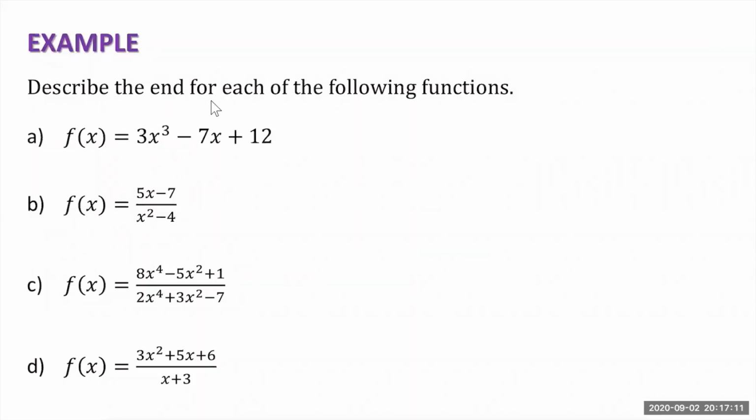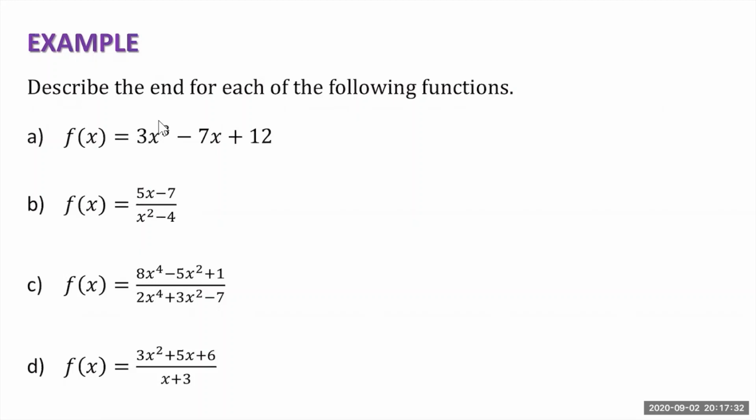Example: describe the end behavior for each of the following functions. When I say end, I mean describe the end behavior for each of these functions. So the end behavior is the same as the limit at infinity.